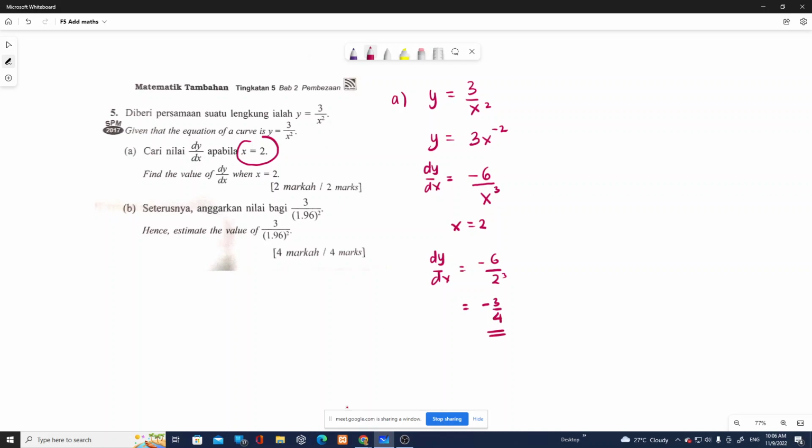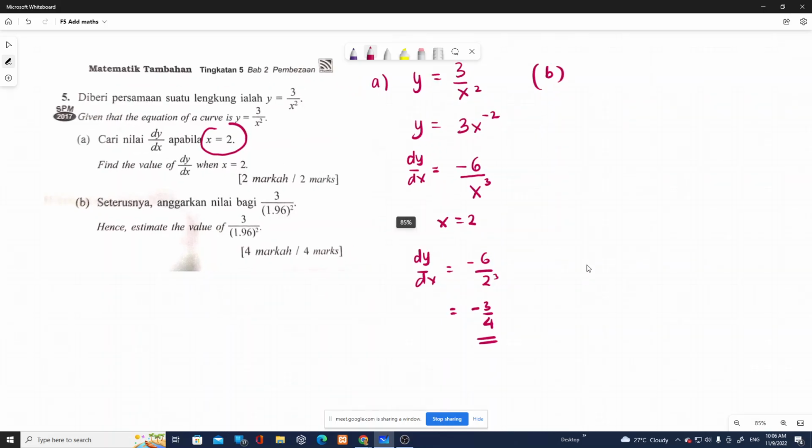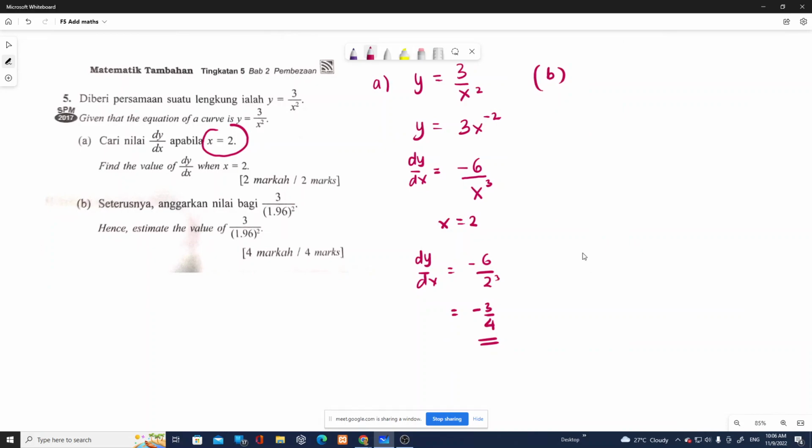So that's the answer for A. And for B, estimate the value of 3 over 1.96 squared, is it? Yeah. Oh, okay. I think I made a mistake here. I noticed that it's 3 over x squared, not x cubed.